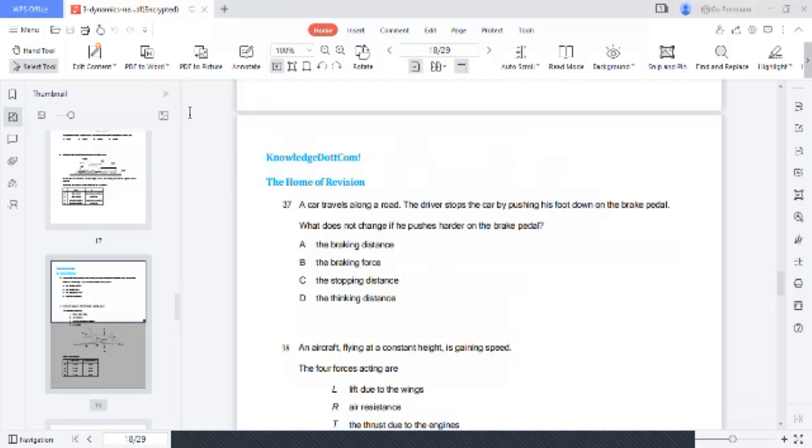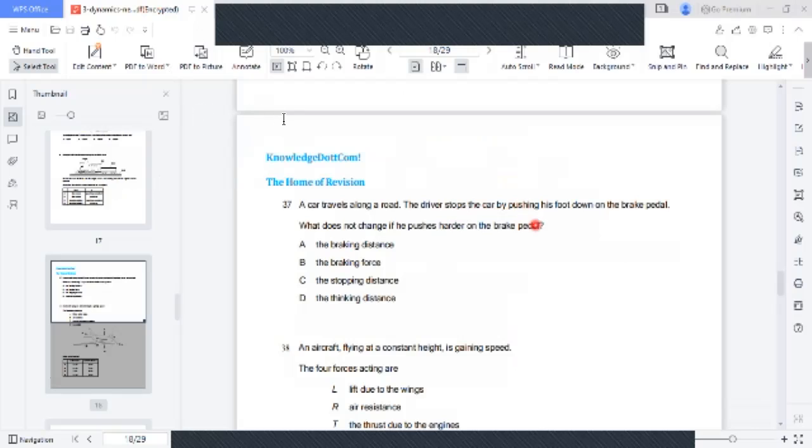A car travels along a road. The driver stops the car by pushing his foot on the brake pedal. What does not change if he pushes harder on the brake pedal? The braking distance, the braking force.